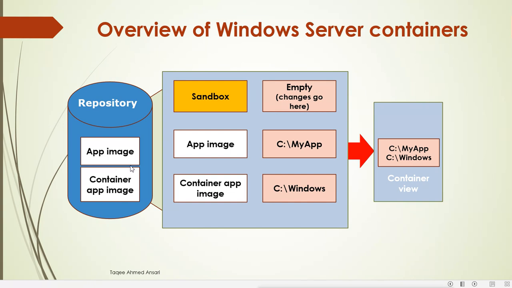For example, if I want a web server, you can get IIS on Windows Server Core or Windows Server Nano Server. You can also get Linux containers, like .NET on Apache, or other applications. So based on the application, the operating system is virtualized.